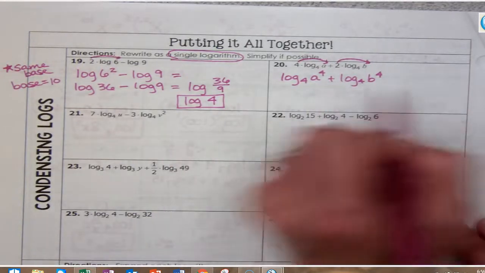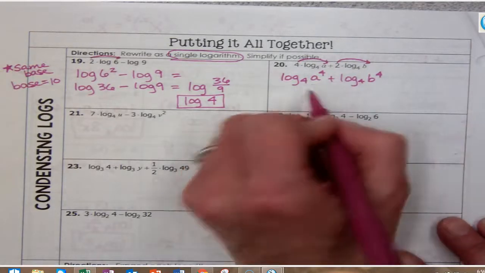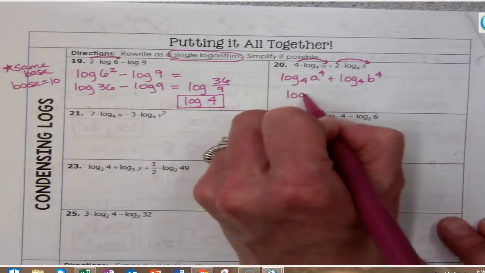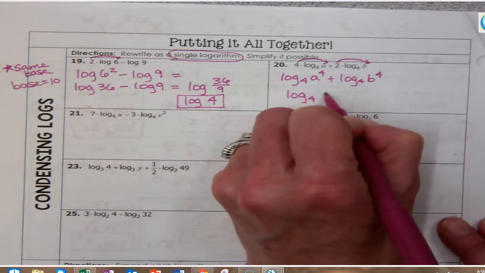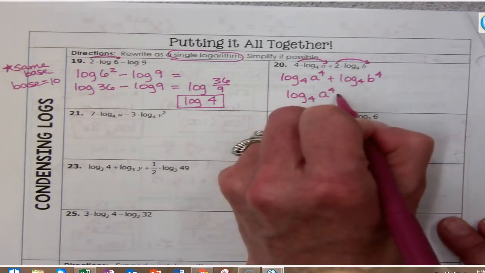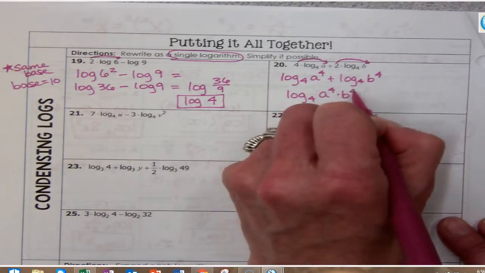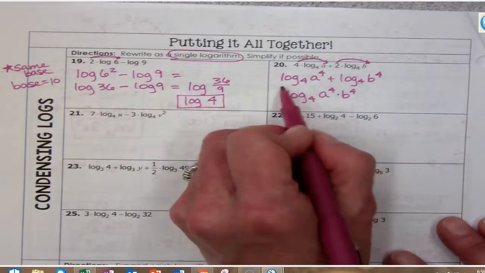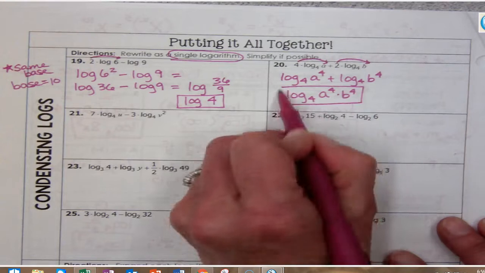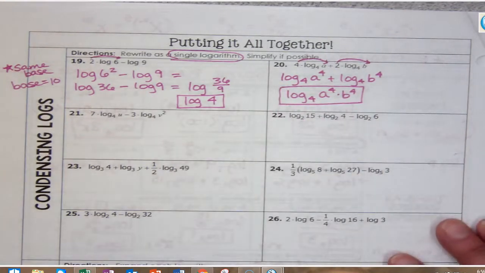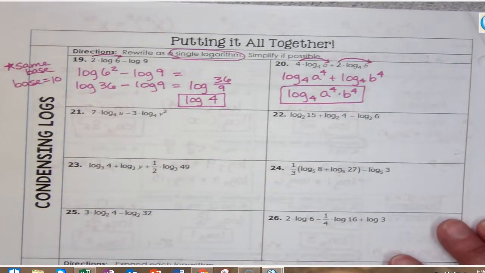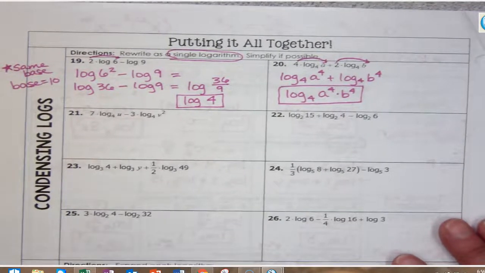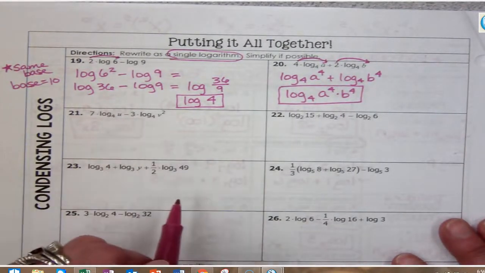I need to make sure I've got the same base, and I do. So that's going to be log base 4 of a to the 4th times b to the 4th. There's nothing else I can do to condense that.